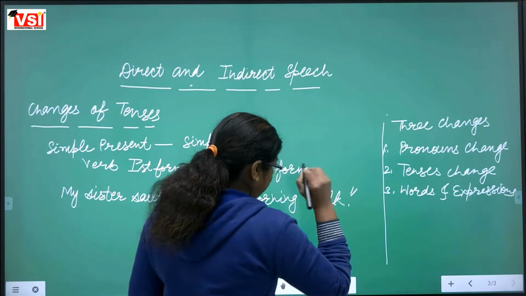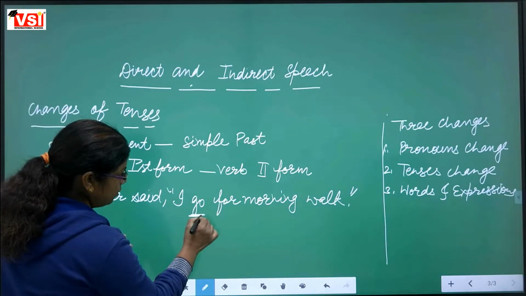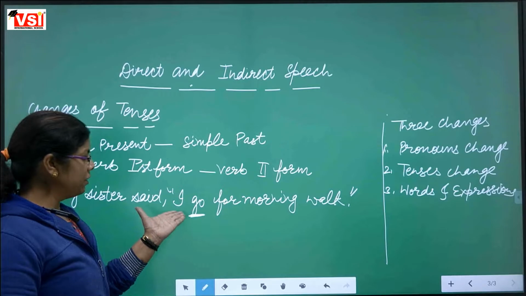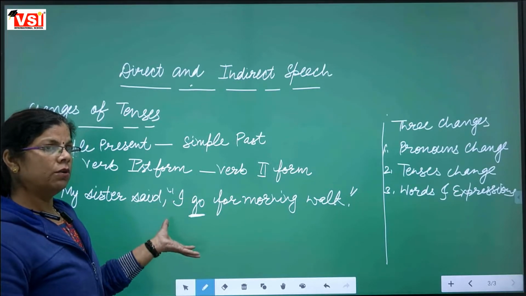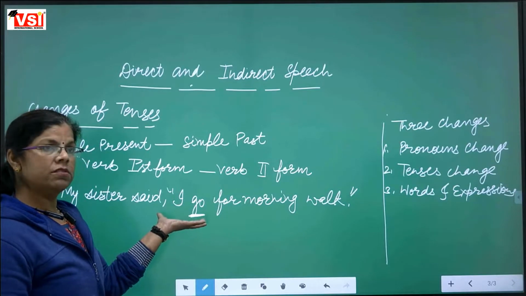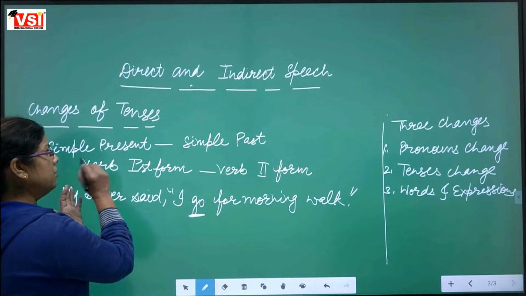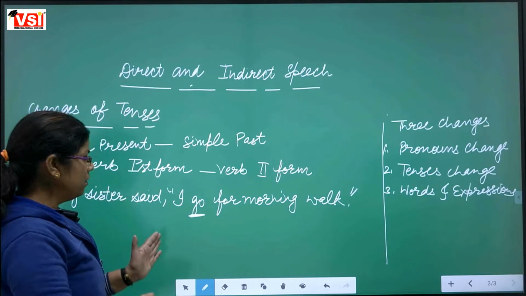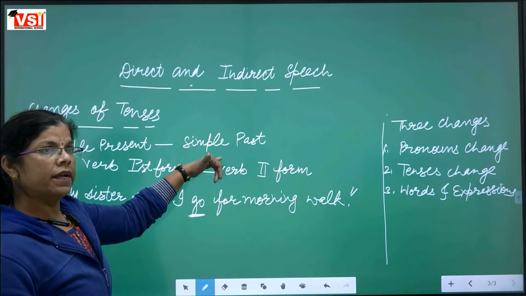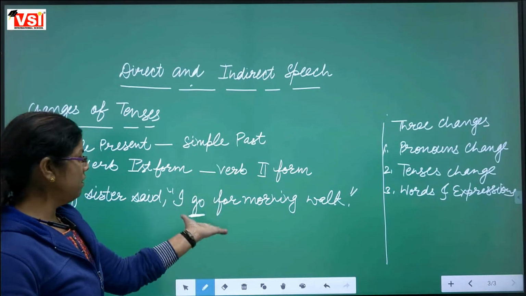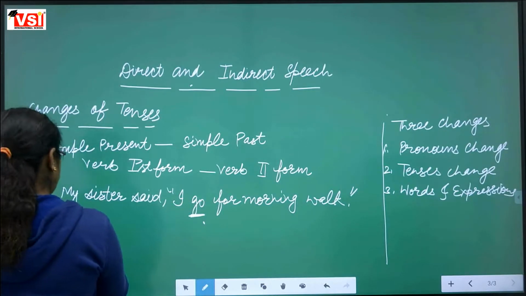Concentrate on go. Go is first form or second form or third form? Which form of verb is it? The first form. It means it is a sentence of simple present. So we have to change it according to the rule that is written, and that is simple past. We will change this according to the rule.